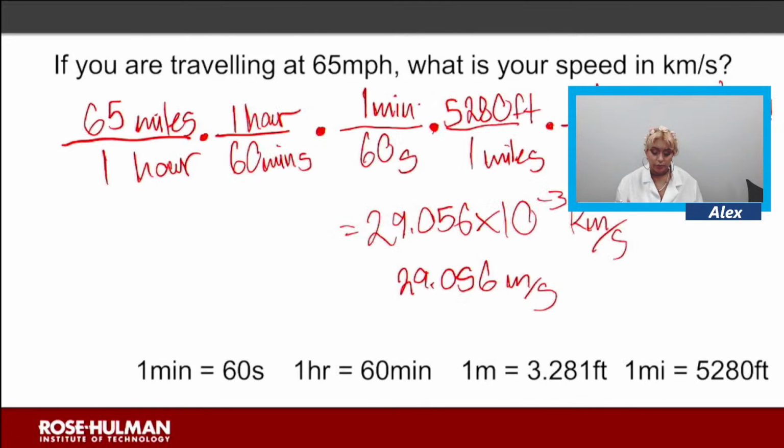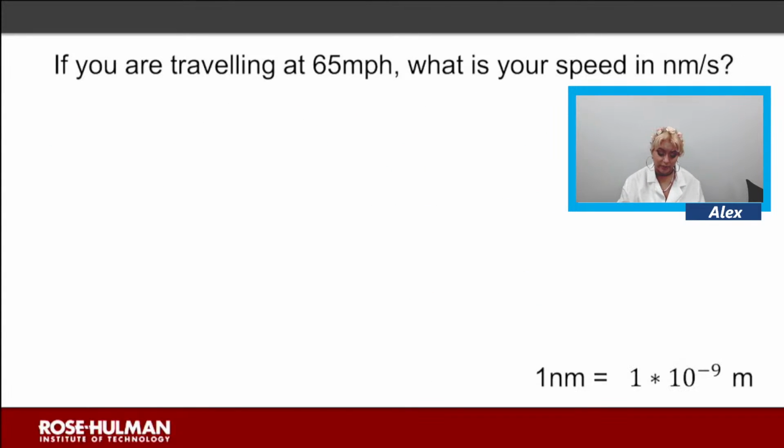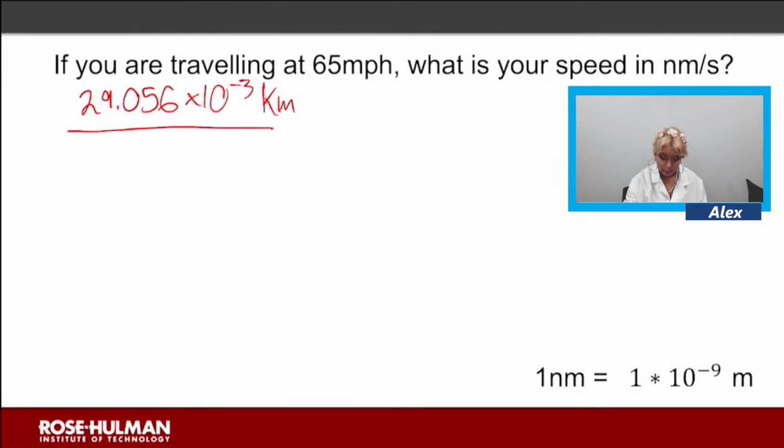I'm not going to do the entire calculation again since we just found what it was, but instead I'm going to use our answer of 29.056 times 10 to the negative 3 kilometers for every second. And then I'm going to start doing the conversions that way.